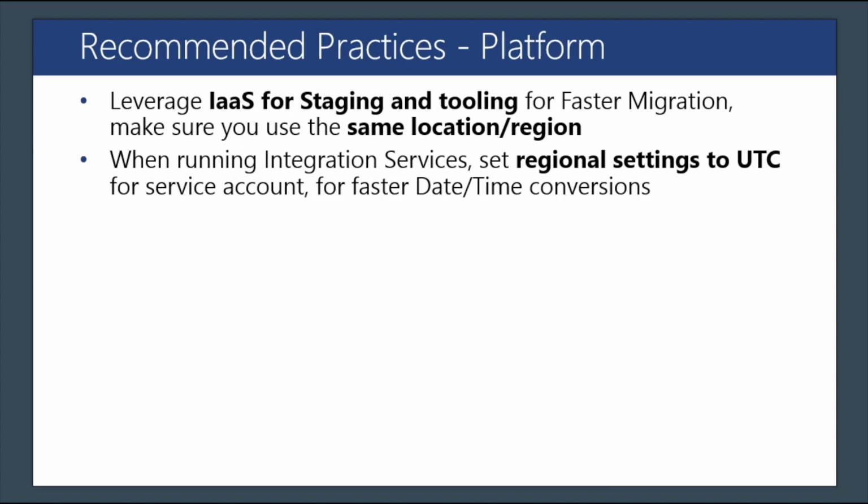So the closer, the better. And if it's the same region, same data center, let's say North Europe or West Europe, make sure you do that, so you will be reducing network latency times or delays to the bare minimum.